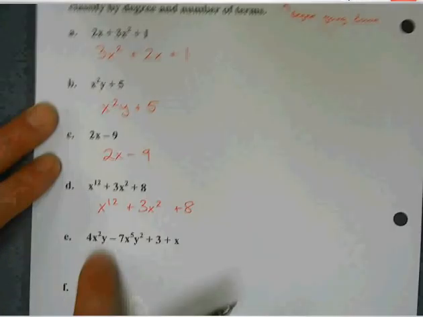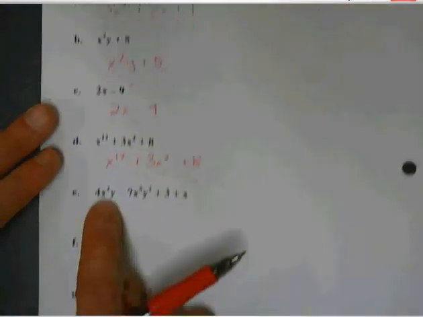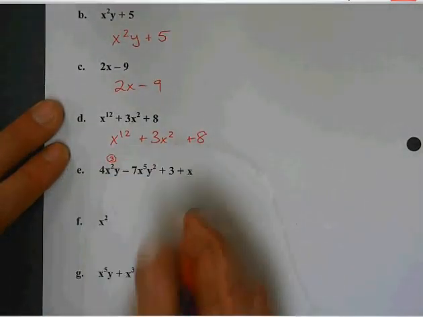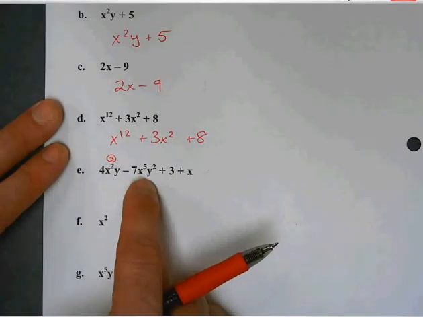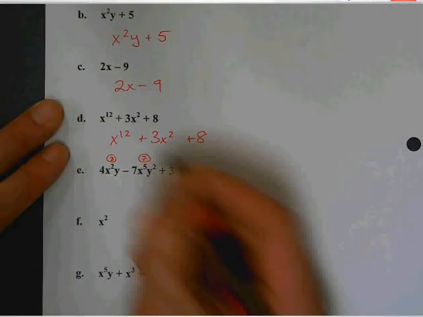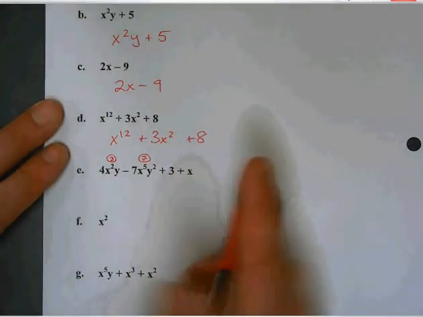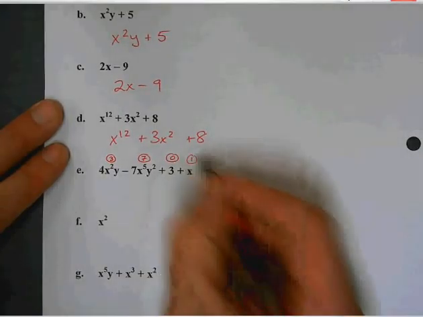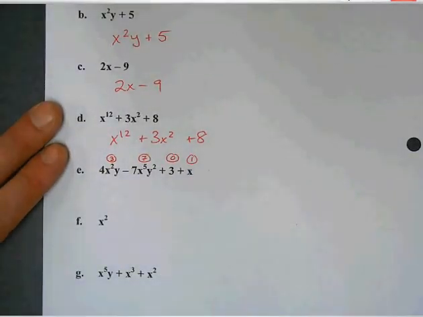Trying to look for one that's not. 4x squared y. What's the degree? 3. x to the 5th, y to the 2nd. 7. 3. 0. x. Now, a little tricky here.